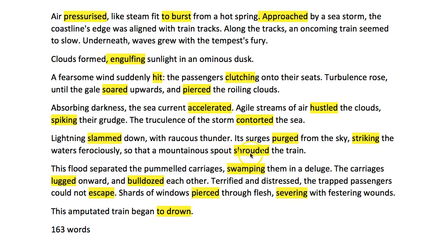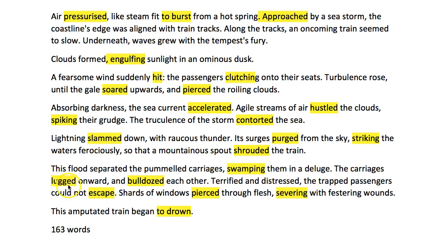So a shroud is a cover, but it's also a cover that we typically put over a coffin, or in historical times over a dead body, and therefore it has all these associations with death, and that immediately forces us to see the power of the storm is likely to kill people on the train. And this is another example of how the verbs help you to show, not tell. This flood separated the pummeled carriages, swamping them in a deluge. The carriages lugged onward.